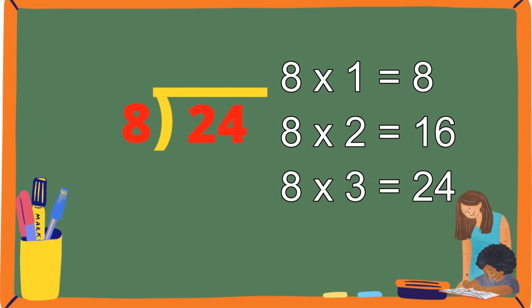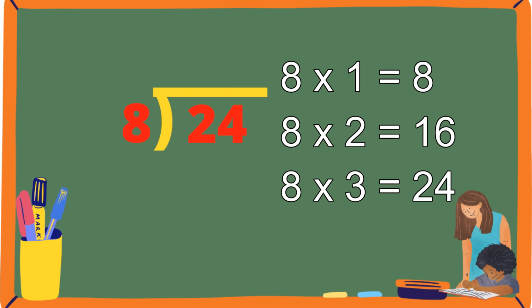Step 1. Recall the table of 8 to find the answer or quotient. 8 ones are 8, 8 twos are 16, 8 threes are 24.